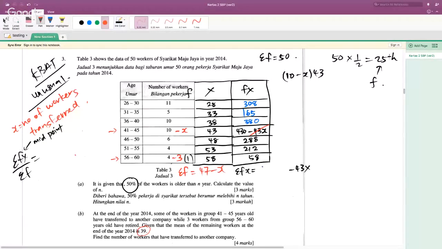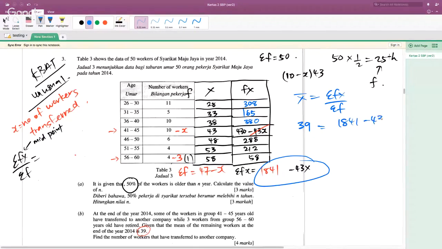So basically I get 1841. Therefore, in order to find the mean, it's sum of fx over sum of f. We know the mean is 39, given over here. So my sum of fx is 1841 minus 43x.